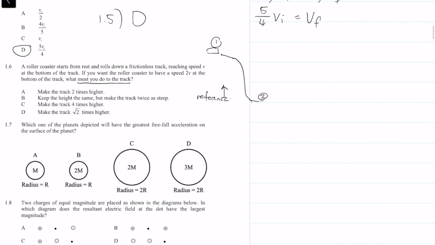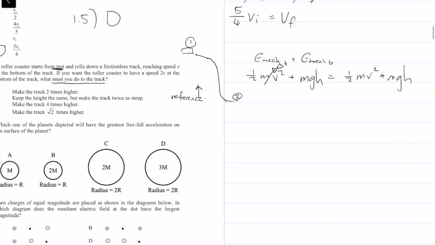I'm going to say the mechanical energy at the top must be equal to the mechanical energy at the bottom. So at the top I have a half mv squared for my kinetic energy plus mgh. But at the top it is at rest, right? So that velocity term goes to 0, is equal to a half mv squared plus mgh.